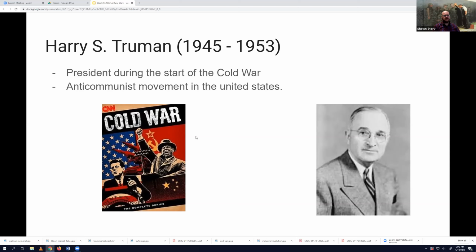The first president during the Cold War is Harry Truman. He's the president during the start of the Cold War, and he starts the anti-communist movement in the United States. In the United States, they were afraid of communism and communists. If you were identified as a communist, you were often arrested, investigated by the FBI, thrown into jail, and it was this idea of let's find these communists.